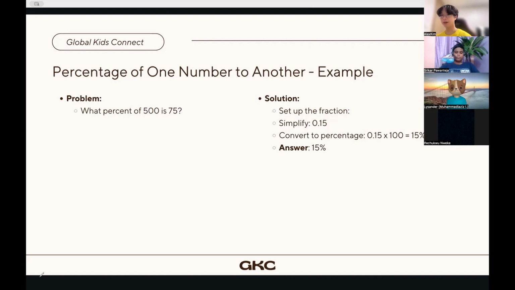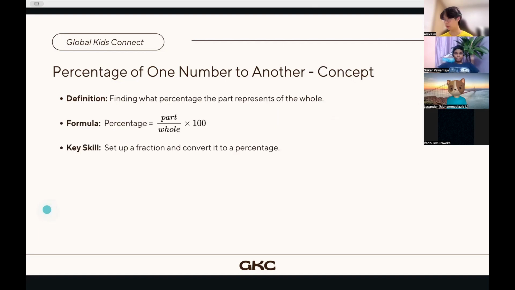I did not edit the PPT to hide the solution initially, but that's fine. We can go through it. So basically the same thing as is said in the solution. And so we're trying to find what percent of 500 is 75. So we use the formula that we saw in our previous part here. Percentage equals part over whole times 100.